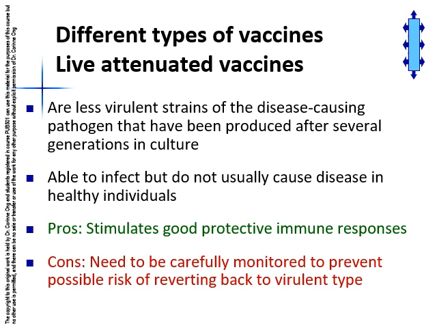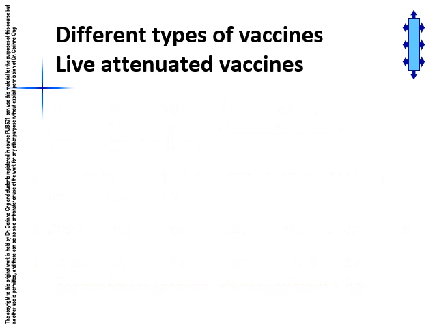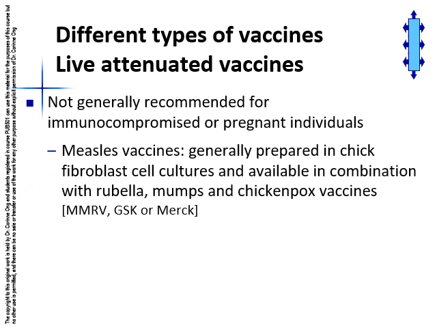They stimulate good protective immune responses with lasting memory, so that booster doses are usually not required for several years after the administration of the vaccine. However, these vaccines need to be monitored carefully, as there is a risk that they may revert back to a virulent form capable of causing disease. Live attenuated vaccines are not recommended for immunocompromised individuals or during pregnancy.